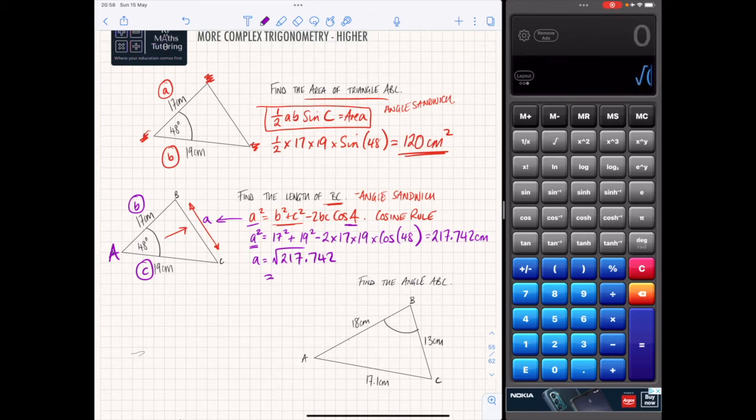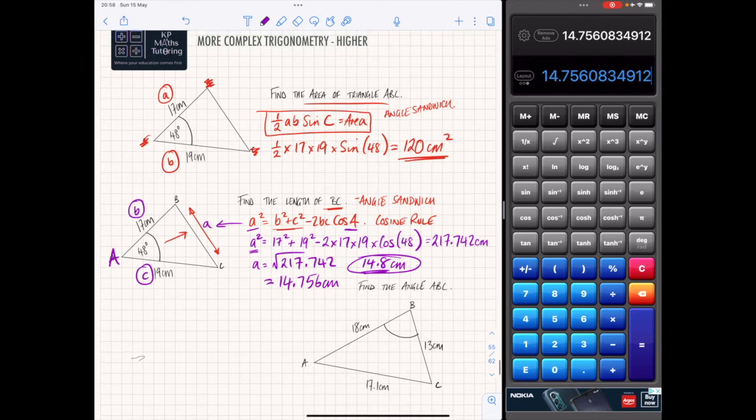So square root of 217.742 gives me an answer of 14.756 centimetres. So I could say that that rounds to 14.8, depending on what your answer asks you to round to. And that makes sense. If you look at the other two sides, 17, 19 and 14 would make sense.